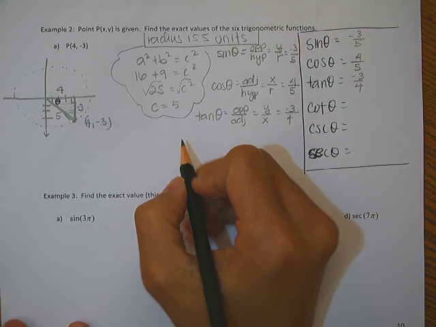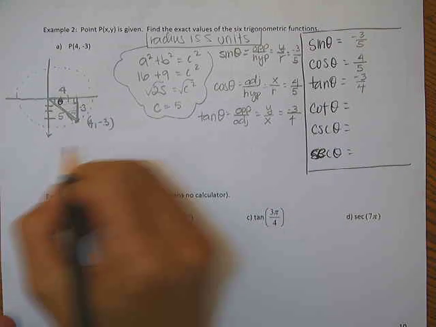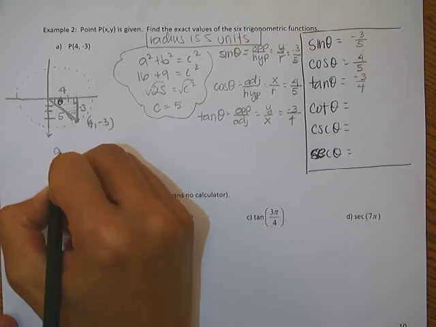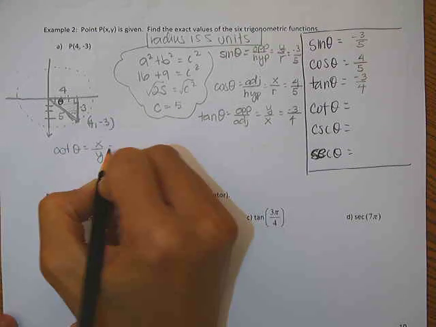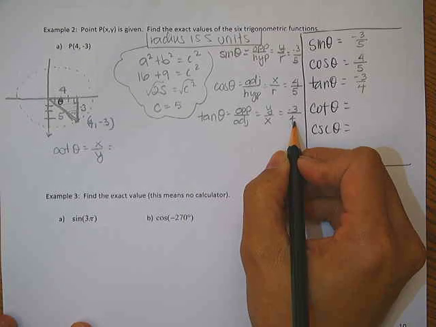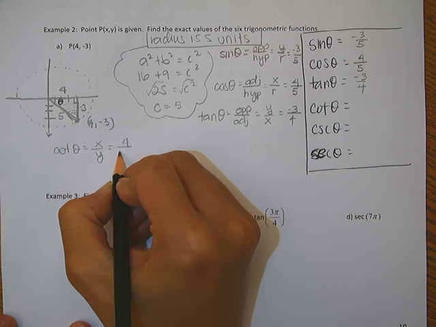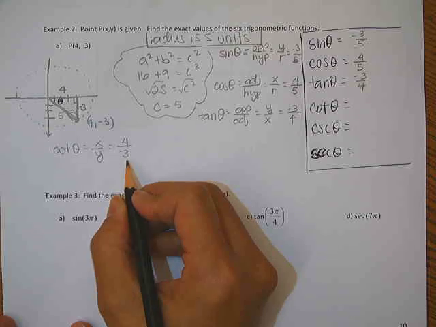Cotangent, I'm gonna run out of space, so I'm just gonna do it over here. Cotangent of theta is going to be x divided by y, or you can just take the reciprocal of tangent, which is 4 over negative 3. But no one really writes negative on the denominator.